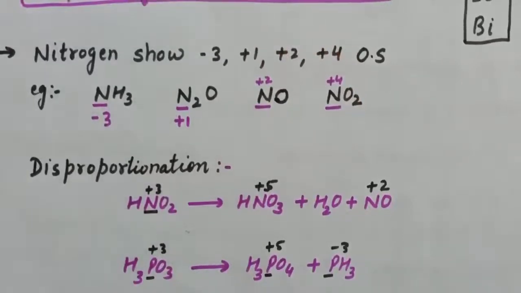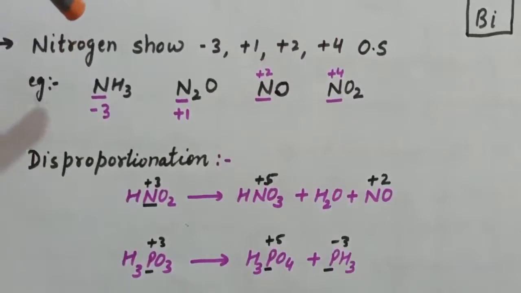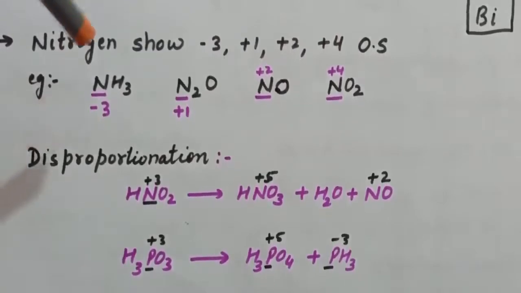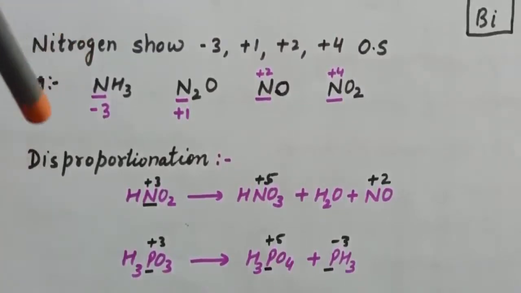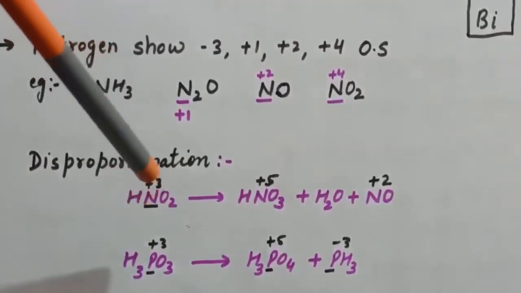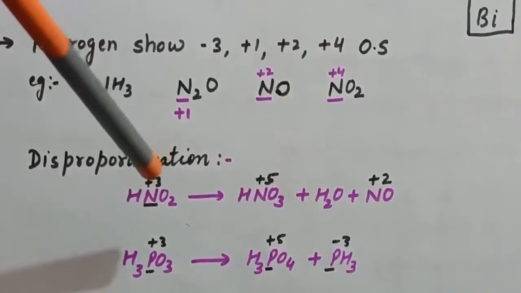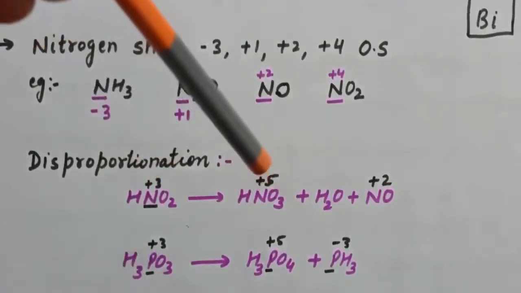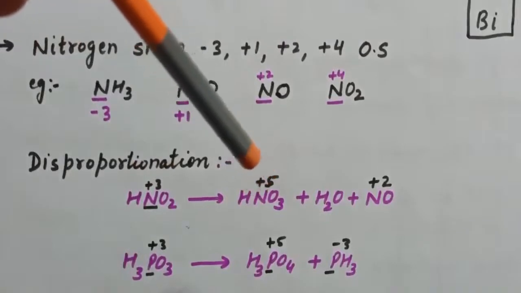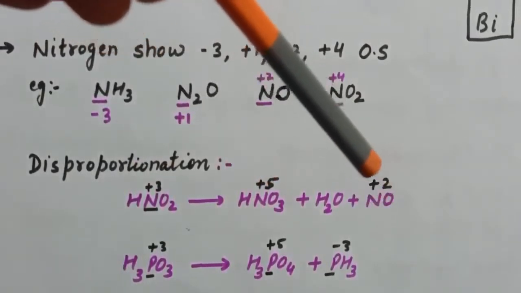In case of nitrogen, all oxidation states from +1 to +4 tend to disproportionate in acid solution. For example, here we have nitrous acid, HNO2, in which the oxidation number of nitrogen is +3. It disproportionates into HNO3, where the oxidation number of nitrogen is +5, and NO, an oxide of nitrogen.